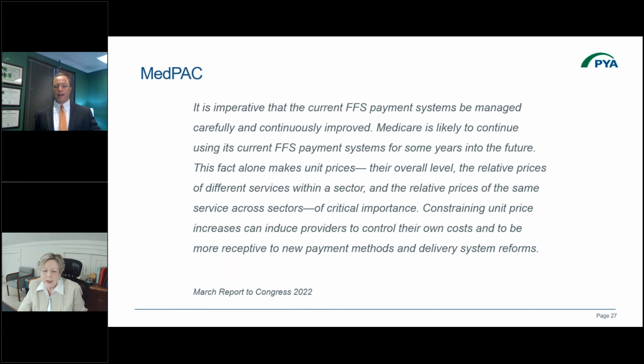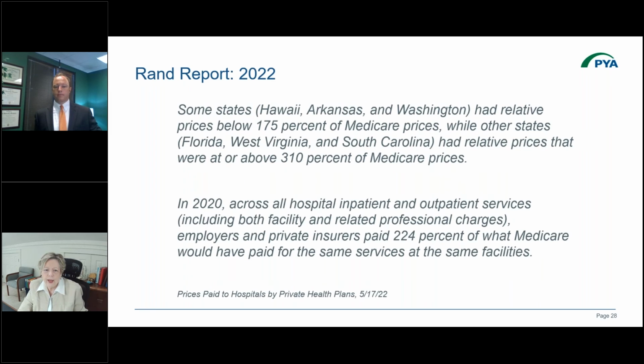And then on the heels of MedPAC making that statement, we also had a report come out in May from RAND about private health plans and the prices paid to hospitals by private health plans. The RAND report said that some states had relative prices below 175% of Medicare, while other states, Florida, South Carolina, West Virginia, had relative prices at or above 310% of Medicare.